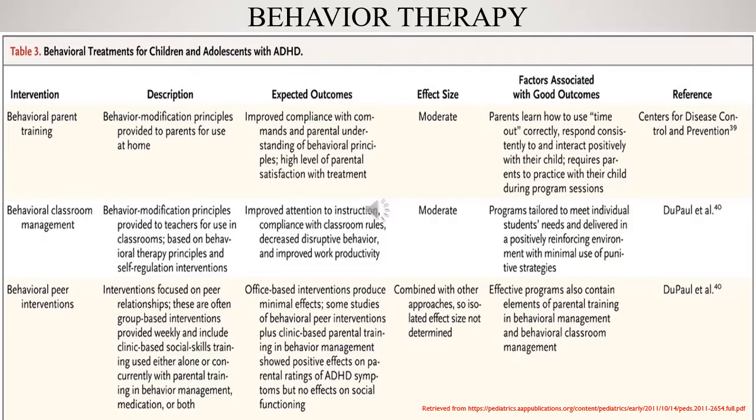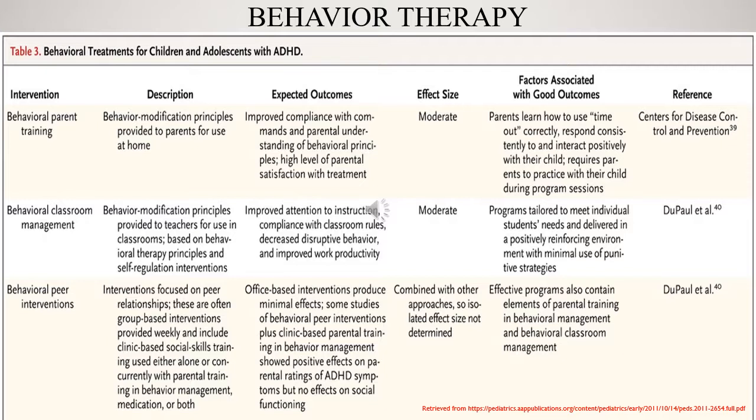Expected outcomes for this intervention include improved student attention to instruction, compliance with classroom rules, decreased disruptive behavior, and improved work productivity. When behavioral classroom management is tailored to meet individual students' needs and delivered in a positively reinforcing environment, it is more effective. Minimal use of punishment strategies has also been shown to improve outcomes.